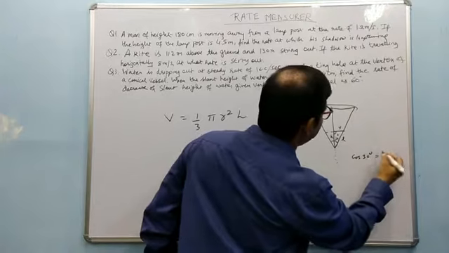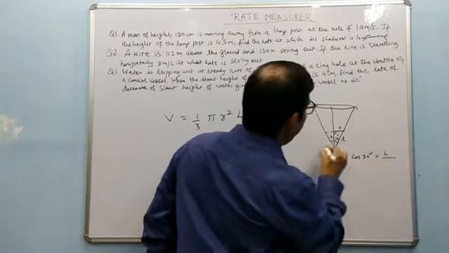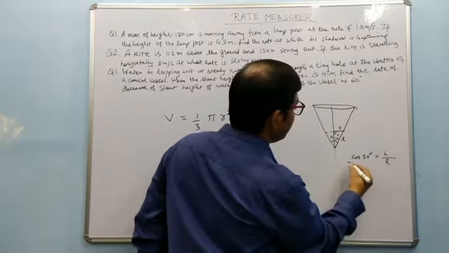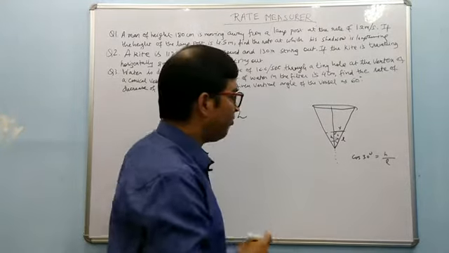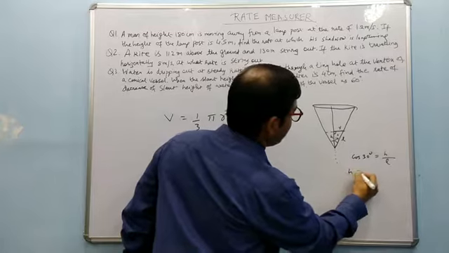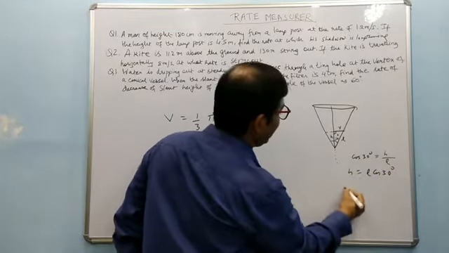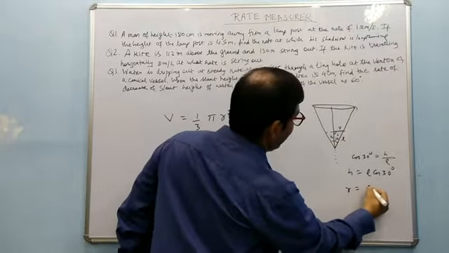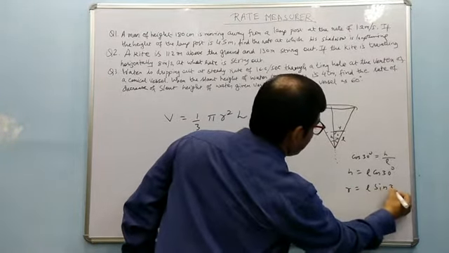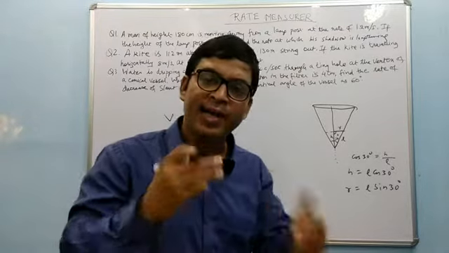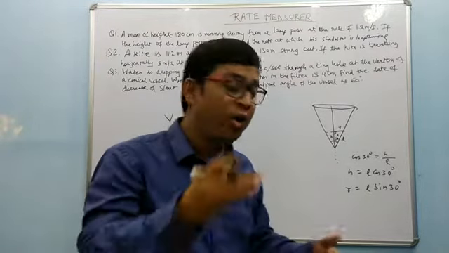So the base is here h and hypotenuse is L. So we can get the value of h. H is L cos 30 degree. And same way we will get R is equal to L sin 30 degree. So we can just write R and H in terms of L only.